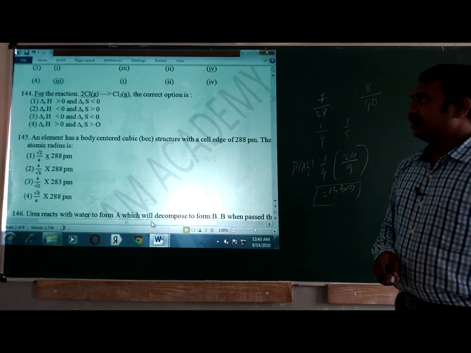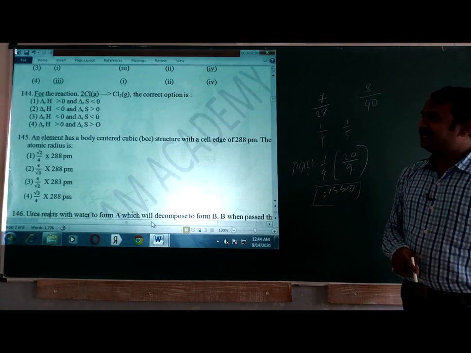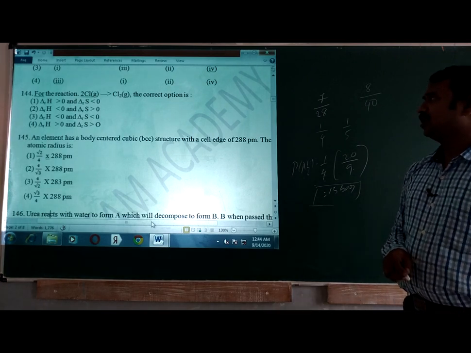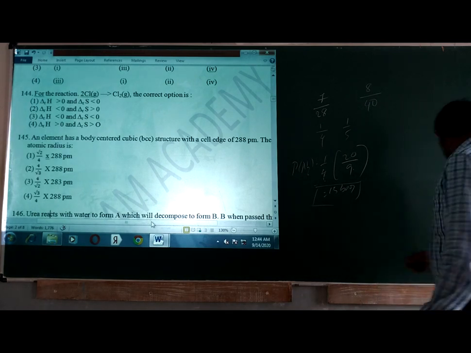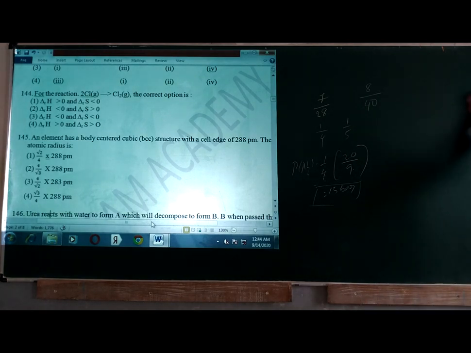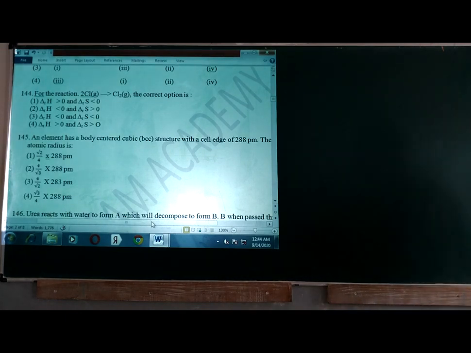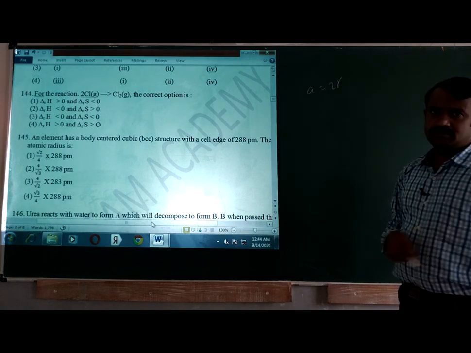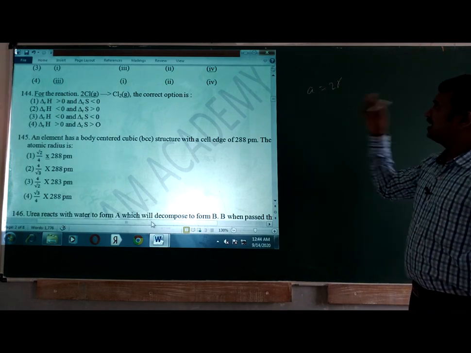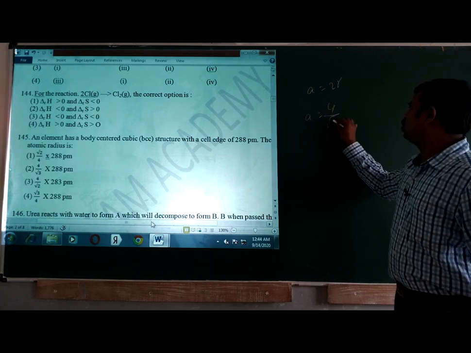Okay. Next one, an element has a BCC, body centered cubic structure, with a cell edge of 288 picometer. When we calculate the radius, for SCC, a equals 2r; for BCC, a equals 4 divided by root 3 times r.